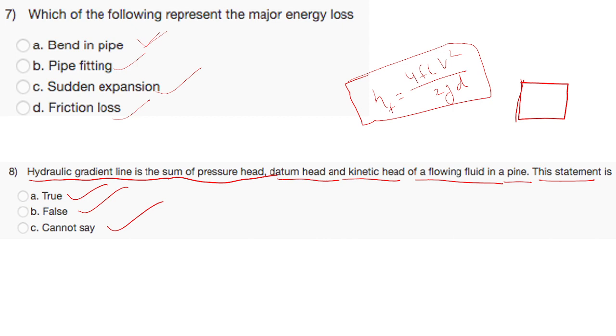So the answer to this question, let me discuss more. Let me draw these two things. Let us suppose one pipe is laid down and water is flowing like that.